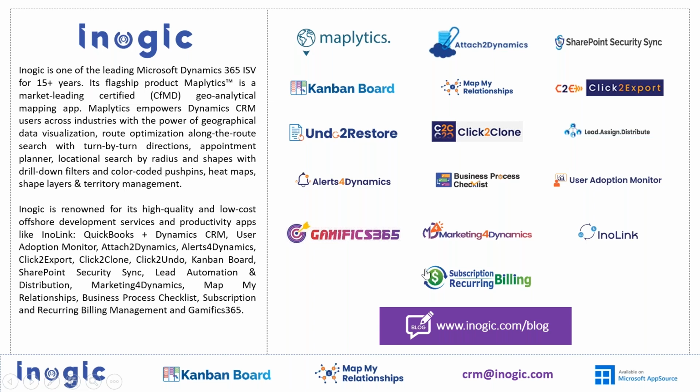Moreover, InnoLink, User Adoption Monitor, Attach to Dynamics, Alerts for Dynamics, Click to Clone, Gamifi 365, and Business Process Checklist are some of the rest of the applications offered by us.